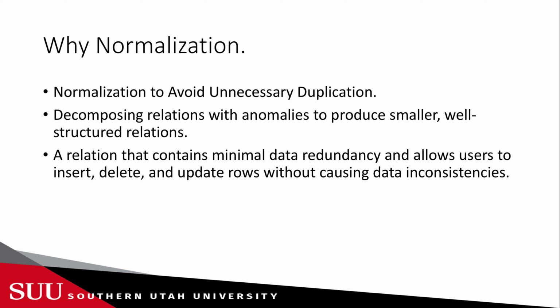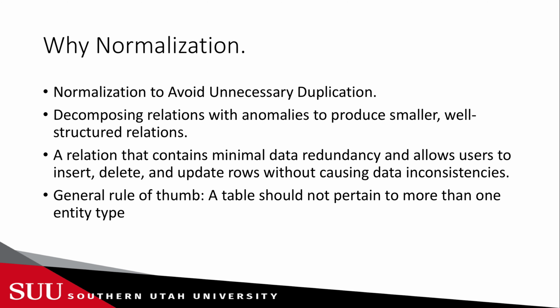And the general rule of thumb that you need to keep in mind is that a table should not contain more than one entity type, because as we've seen in the previous example, our main problem is when we have more than one entity type, like employee information and course information. This is what's causing problems, like employee information and branch information. This is again what's causing the problems.